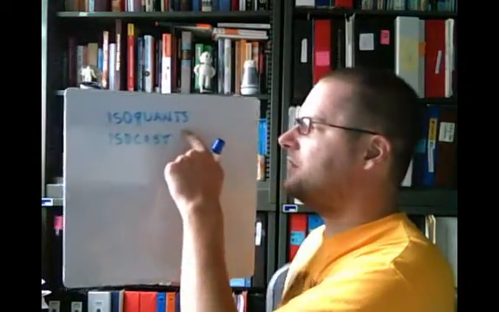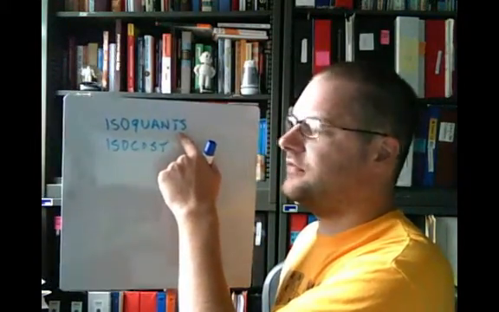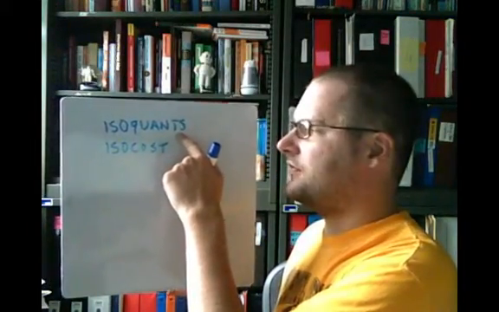So what we have here is this idea that we're going to have isoquants, which are going to be similar to the indifference curve. And we're going to have isocost curves, which are going to be similar to the budget constraint. So this is going to be the production or the firm's equivalent of the indifference curve.